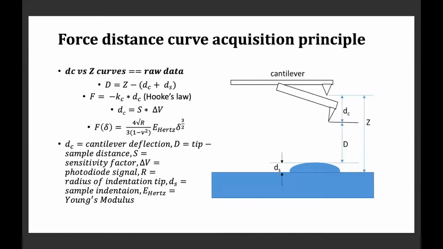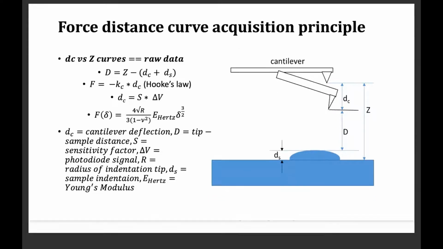Then after you're able to put all this into use, you're going to have what we call the Hertz model, which I have below on the left-hand side there. Once you plot this, you'll be able to get your force distance curve. Normally, the raw data is what I have on the next slide.